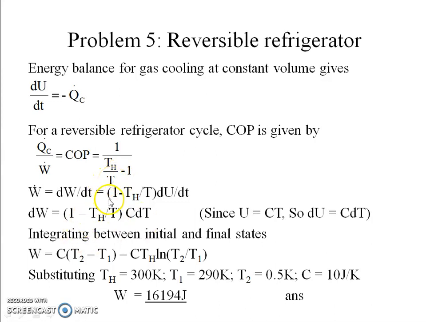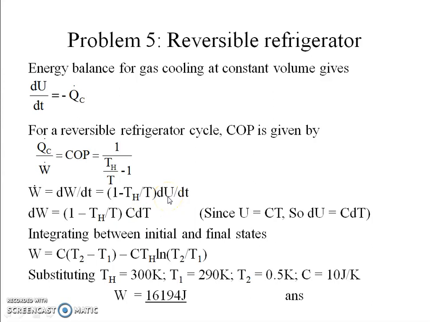Now I am rearranging this equation in terms of Ẇ. Ẇ is nothing but dW/dt, which is equal to (Th/T - 1) times Q̇c. Now Q̇c is -dU/dt, so instead of Q̇c I write dU/dt, and the negative sign is absorbed in the bracket.